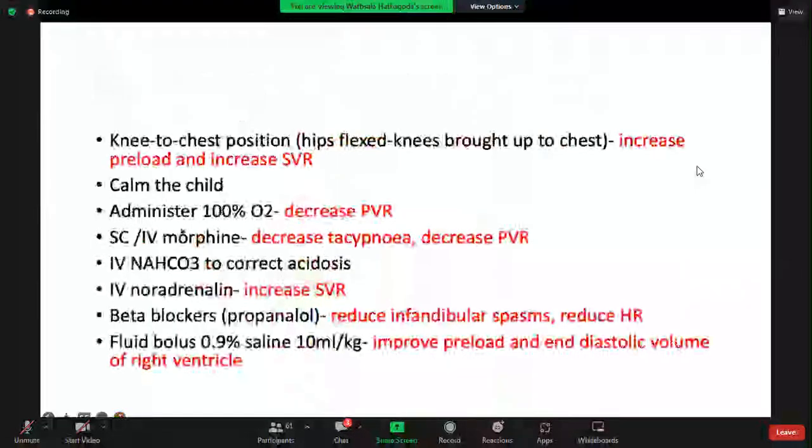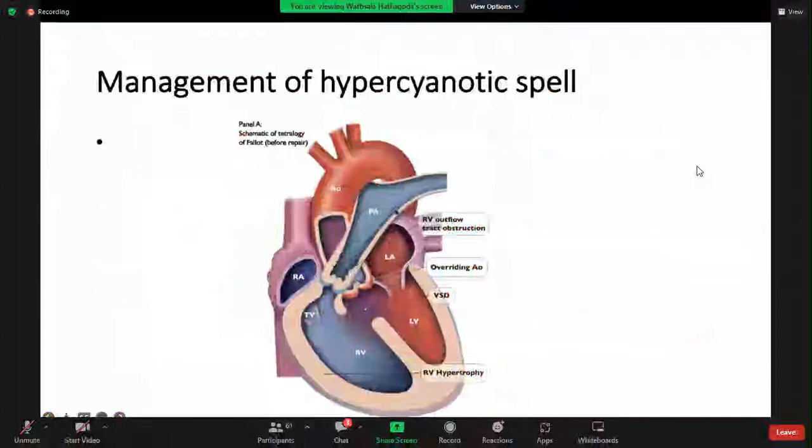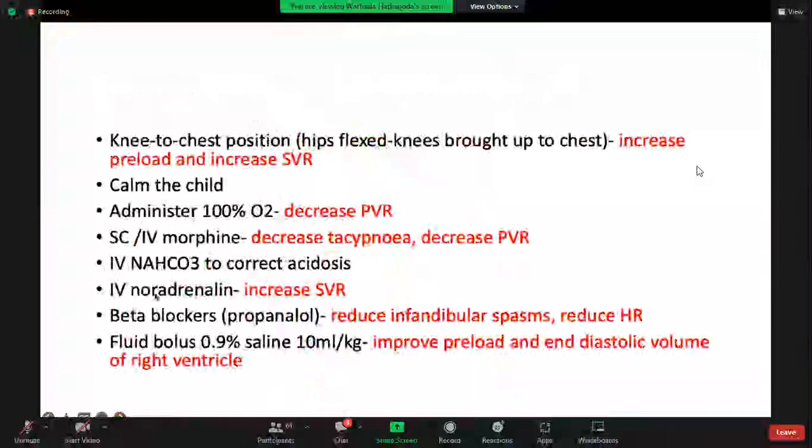And then the other thing, we give 100% oxygen. Oxygen, as we discussed before, is a pulmonary vasodilator, so it will improve blood circulation into the lungs. And then it will allow blood to flow into the pulmonary trunk rather than going into the left side. The next thing is you can give some morphine.